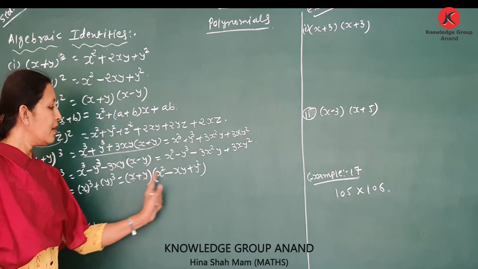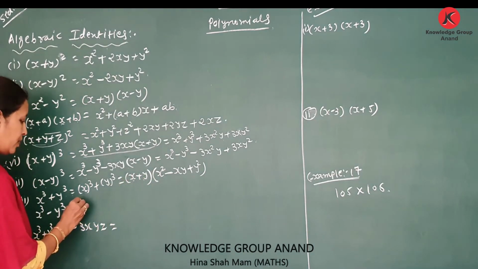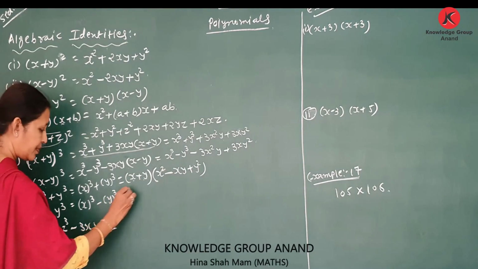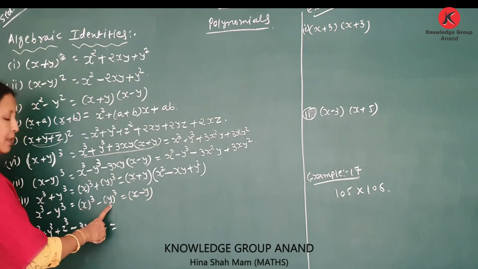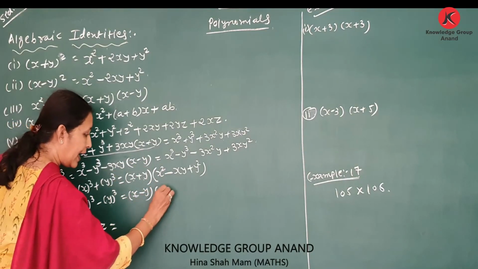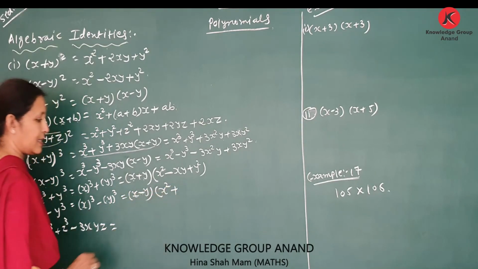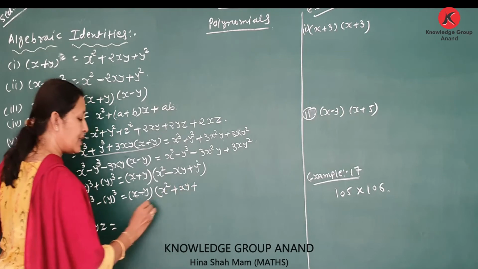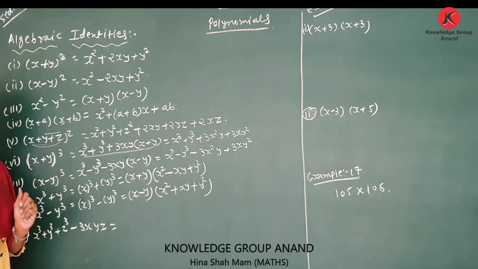Here only write the opposite sign and the multiplication of both terms, x into y. Now like this, x cube minus y cube equals, first we write x, putting sign minus y, the first bracket is x minus y. Now the second bracket: here x square, opposite sign minus, opposite plus, product of these two terms xy, and the last term is always plus, last term square, y square.